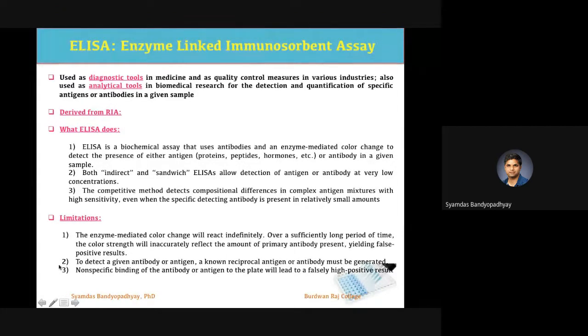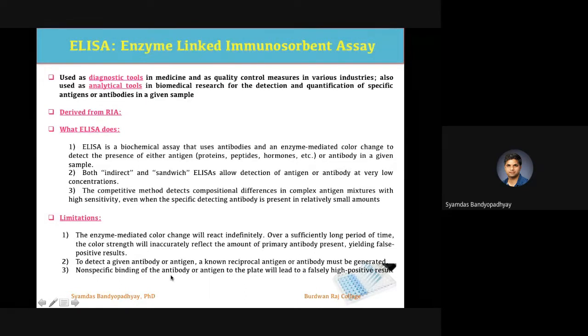And three, the non-specific binding of the antibody or antigen to the plate will lead to a falsely high positive result. So what is a false high positive result? Sometimes the antibody that you are using can bind non-specifically to the wells, right?